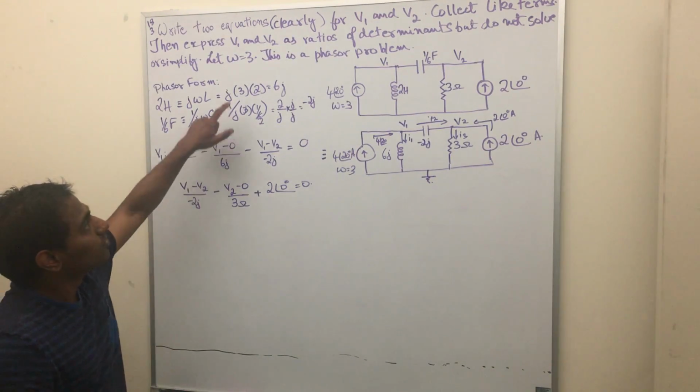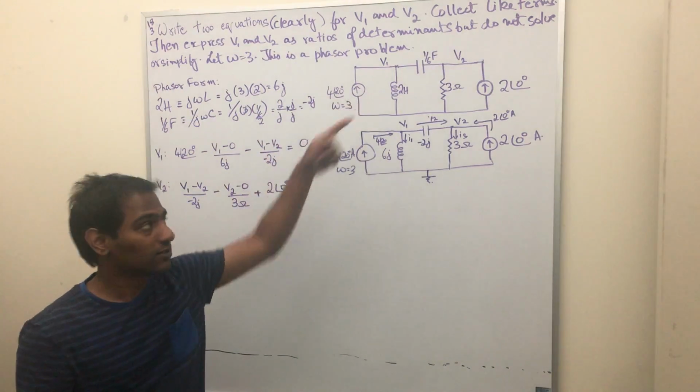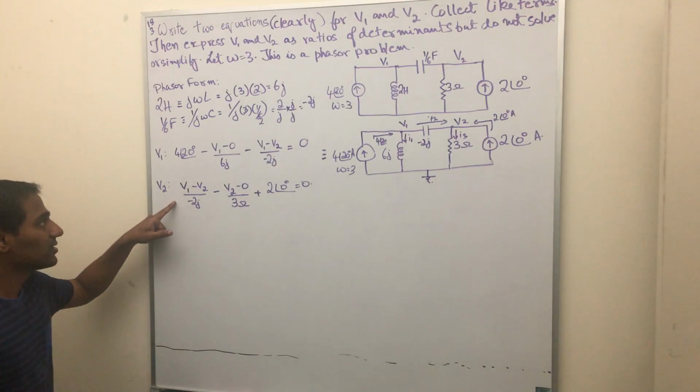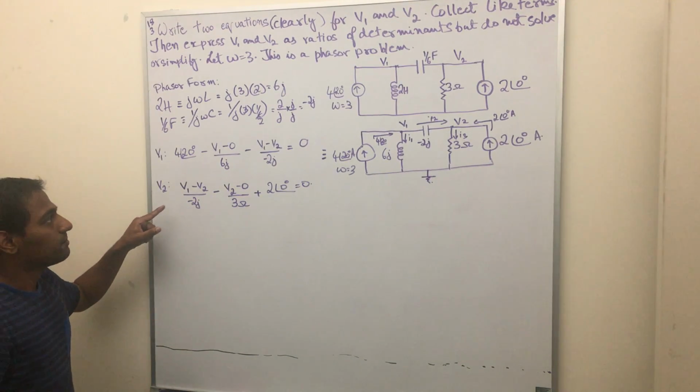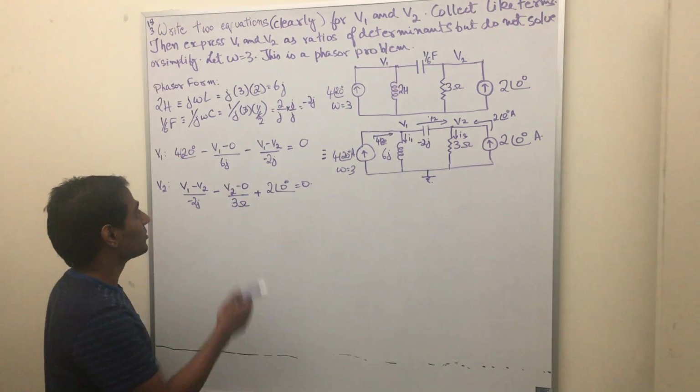Next, we'll have to express V1 and V2 as ratios of determinants. To do that, you have to simplify this so that you group V1 and V2 together for each of the equations.